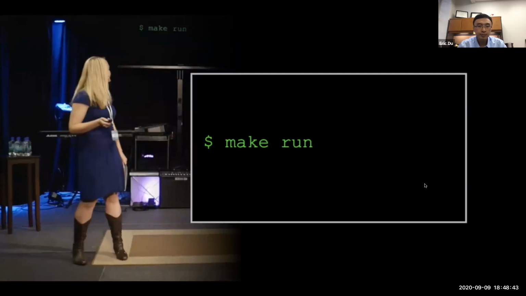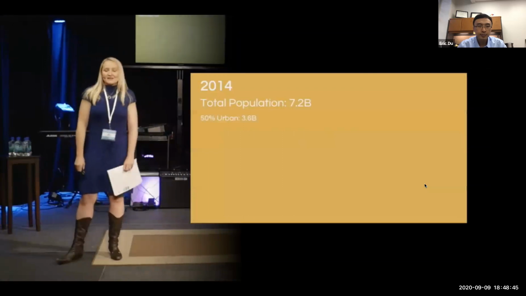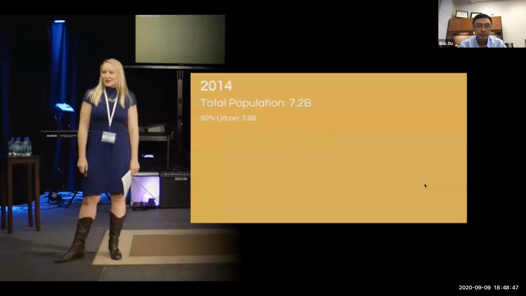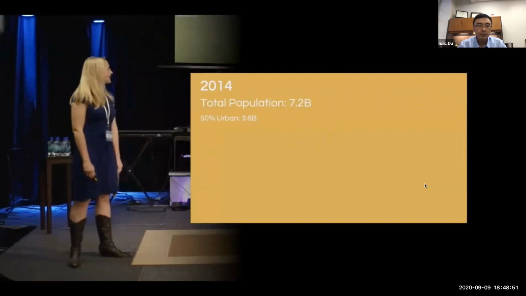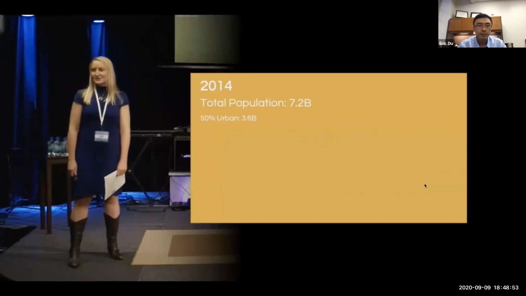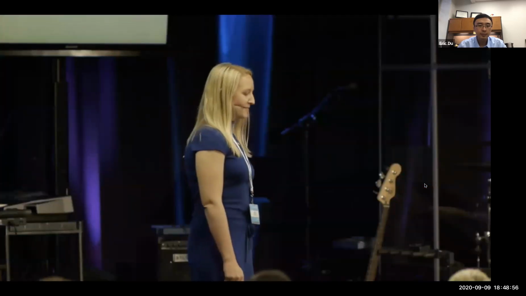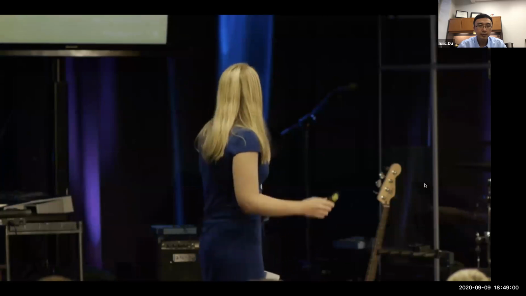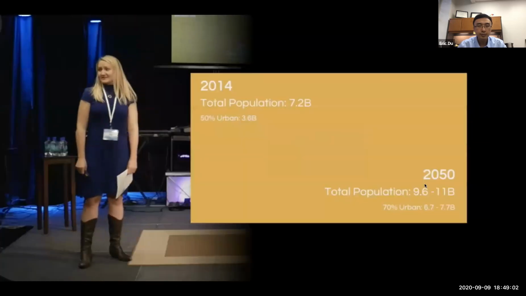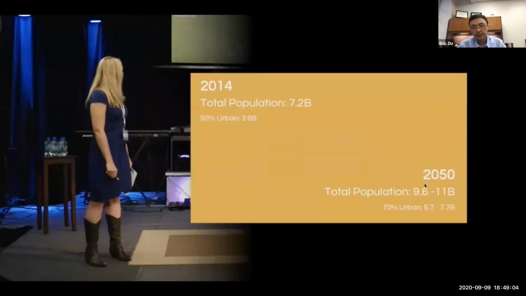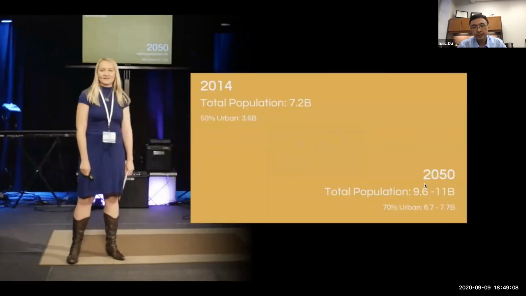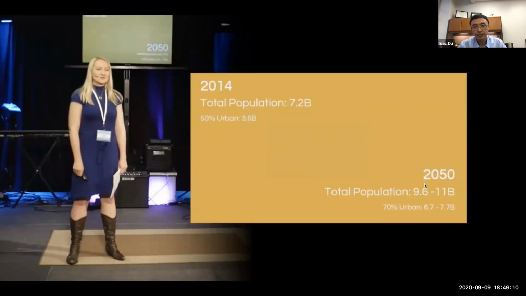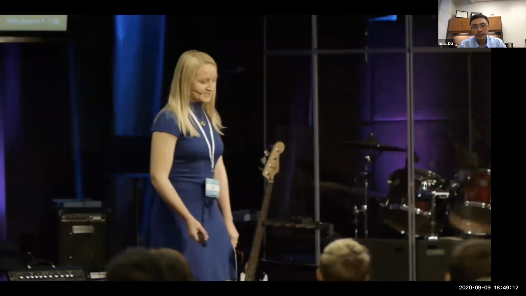So at Flux, one of the problems that is top of mind for us is the idea of urban population growth. Right now, we have about 7.2 billion people on the planet, about 50% of which lives in urban centers. By 2050, so just 35 years from now, the world population is expected to grow to somewhere between 9.5 and 11 billion people, according to the UN Population Division.